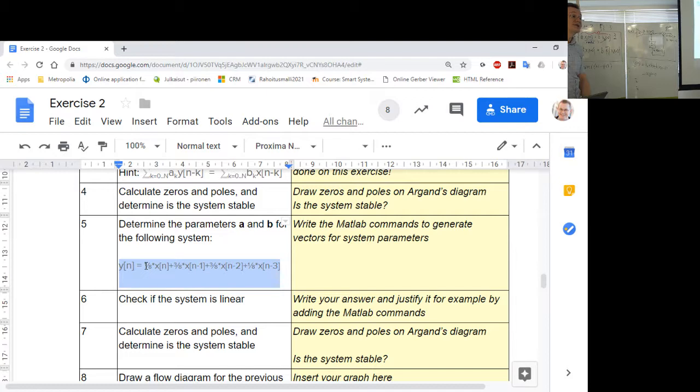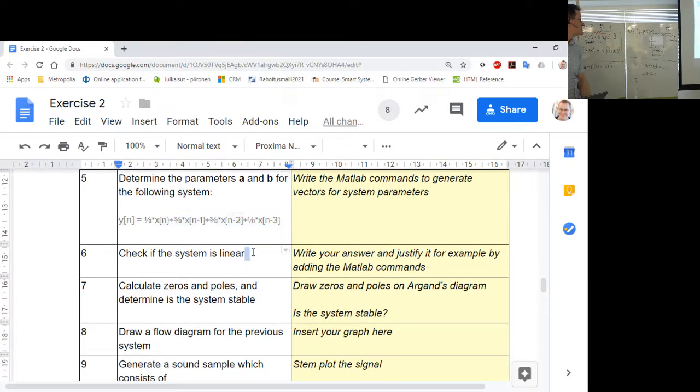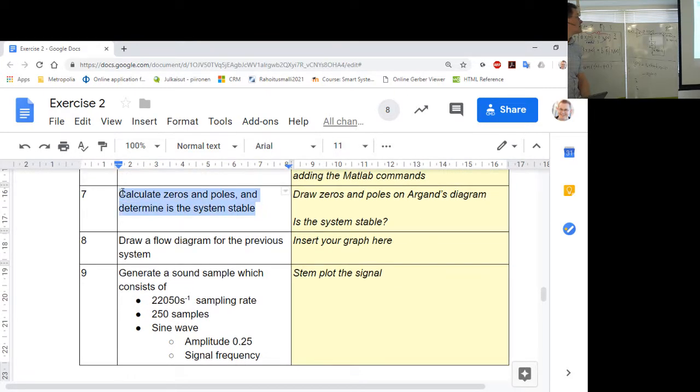So this is similar to my example here. I won't say more. Check if the system is linear. You know how to do it. Calculate zeros and poles, determine if the system is stable, and draw the flow diagram. Okay, you should be able to do it by now.